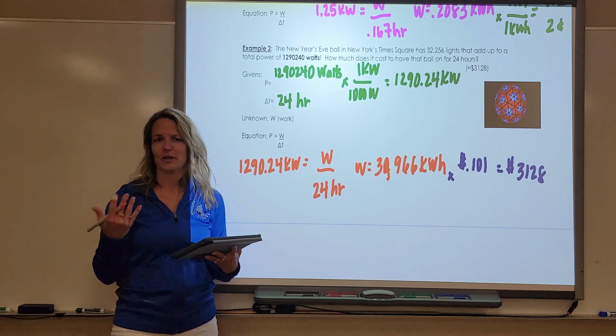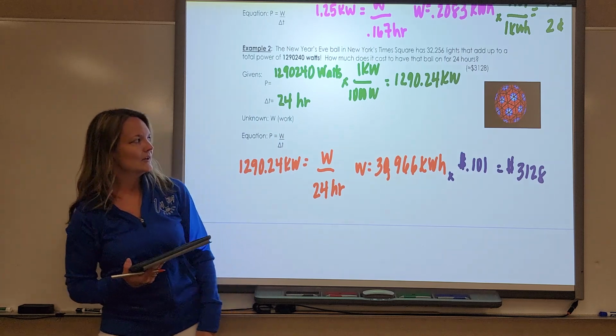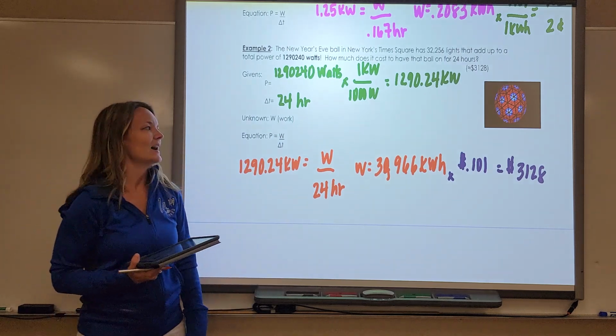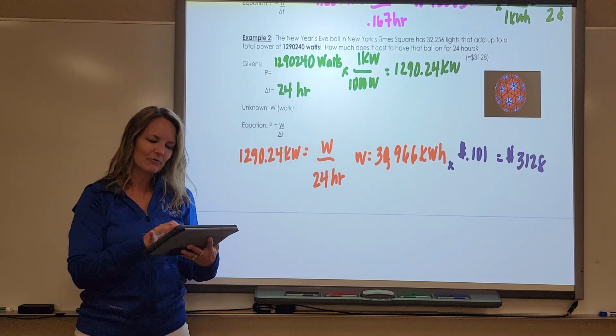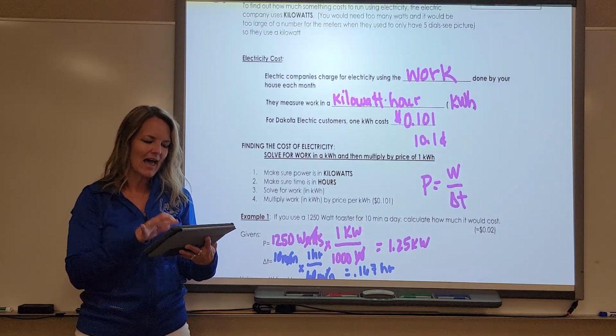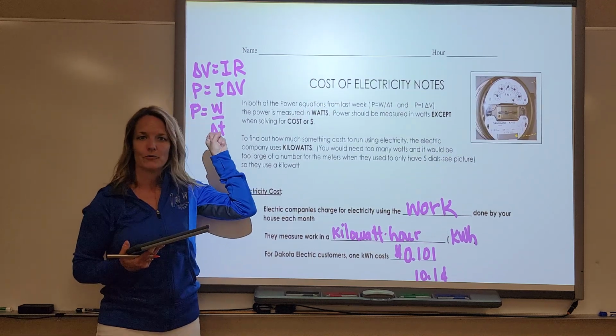All right, so the difference between a toaster at about 2 cents and the ball in New York's Times Square, it's quite a bit difference. Okay, moving from there. So just to quickly recap, when we use our old equations, everything for power comes out in watts.